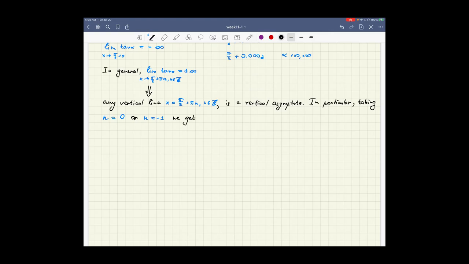We get vertical asymptotes pi over 2 and negative pi over 2. Right? When n is 0, we get pi over 2. When n is negative 1, we get pi over 2 minus pi, which is negative pi over 2.